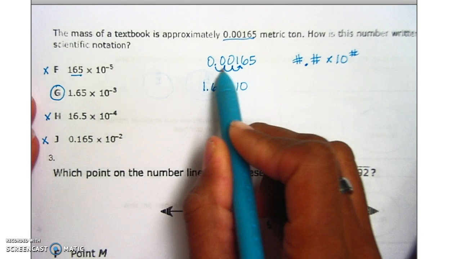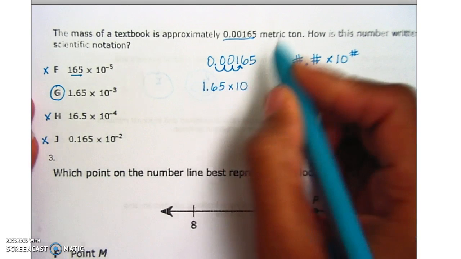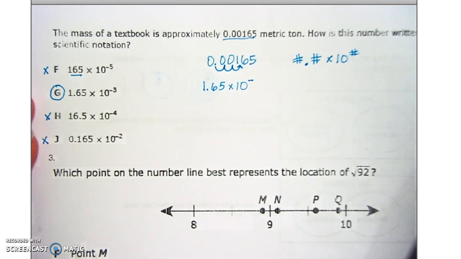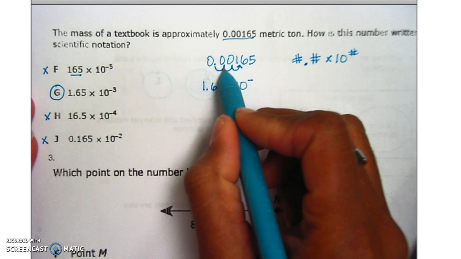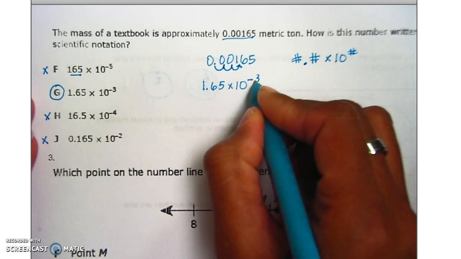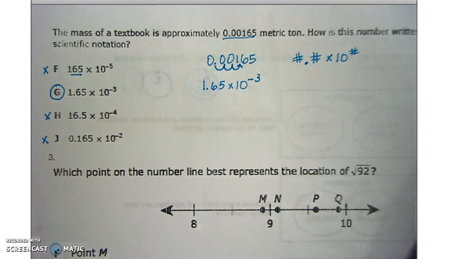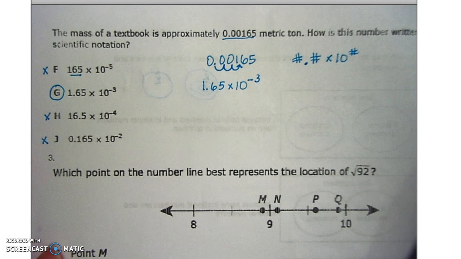Because this number is less than 1, it started with a 0, it's a negative. And 1, 2, 3. If there are any questions about this, please make sure you rewind this part of the video so that you can actually understand scientific notation. Okay.